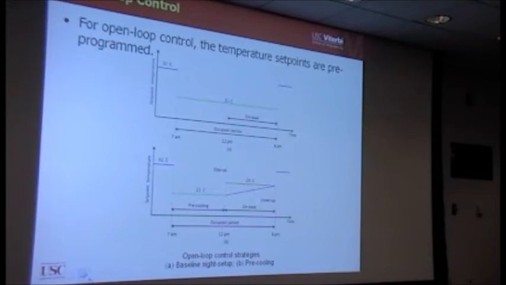Okay, now let's do some closed loop experiments or control experiments. We'll have to establish what is the baseline we're comparing to. We're using some of the open loop strategies as benchmarks. One is that you set it at a constant temperature for the entire 12 hours from 6 to 6, okay?